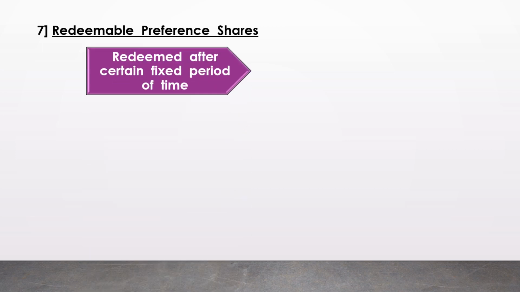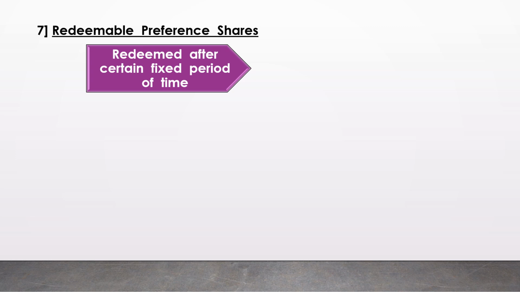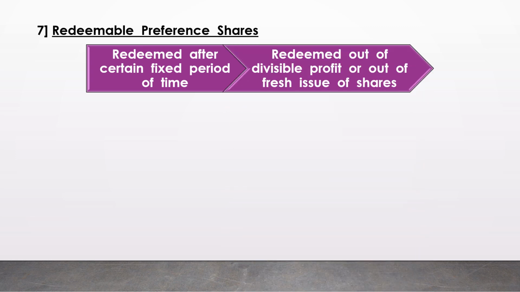Let us now move towards the seventh type, which is redeemable preference shares. The term redeemable means redemption or return, which means that redeemable preference shares are redeemed or returned back after a certain fixed period of time. The holders of these shares enjoy the benefit of getting their capital back after a certain fixed period of time. Now, how does the company repay the amount back to the preference shareholders?